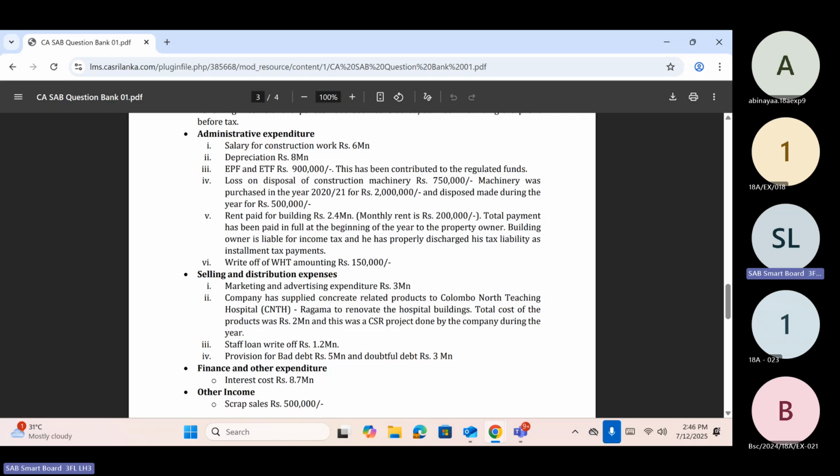This is provisioning. Provisioning anyway not allowed. 8 million. But if they are written off, yeah, write off is possible. So finance and other expenditure.